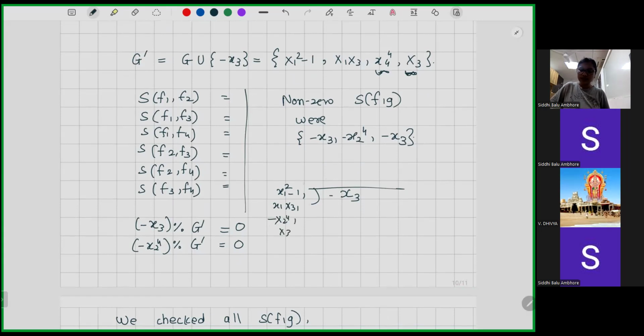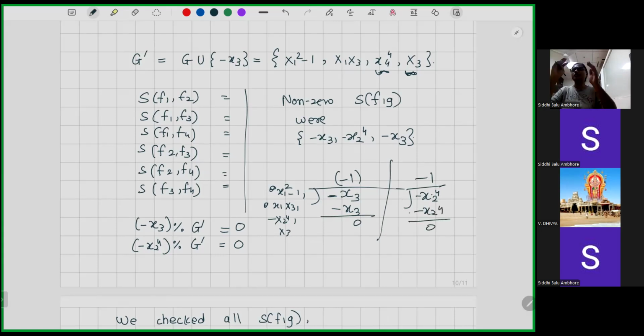It was none of the initial terms anyway, so dividing this minus x3, the only possibility is this. So this is minus 1 and we get 0. Similarly, when I take minus x to the power 4, the only possibility is minus x to the power 4 because no other initial terms divide this x to the power 4. So this is minus x to the power 4 and 0.